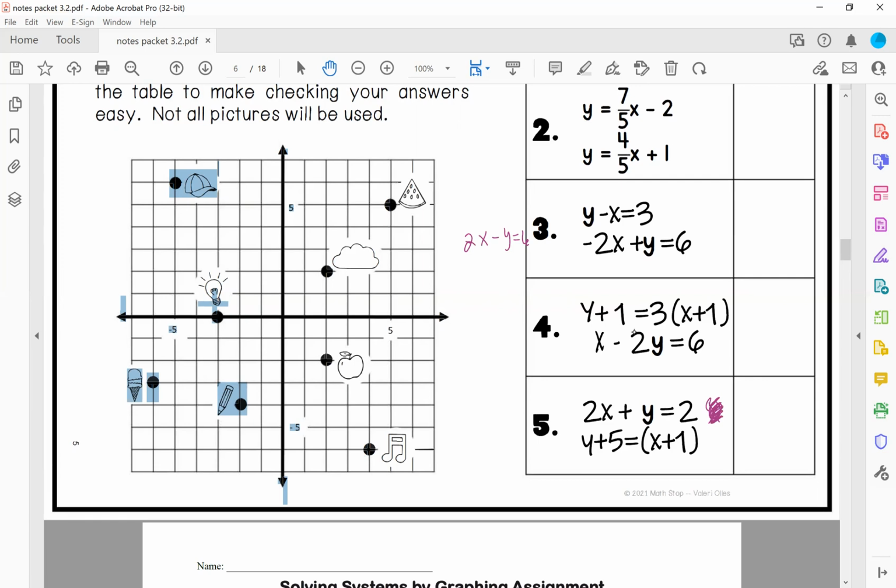So please put a negative sign in front of the 2x. And then between the x and the y, you see how it's a negative sign on your paper? Please make it a plus sign. So your equation should read negative 2x plus y equals 6.